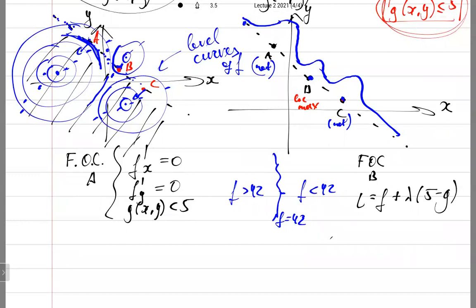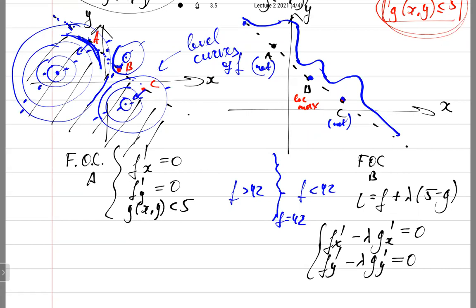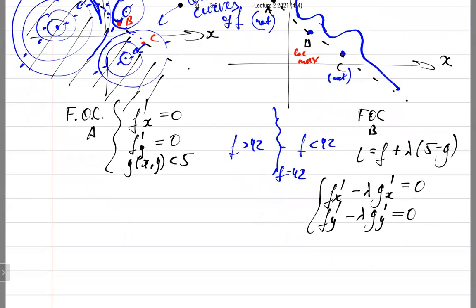And I will have f prime with respect to x minus lambda g prime with respect to x equal to 0. Next, I have f prime with respect to y minus lambda g prime with respect to y equal to 0. And I have g of x, y equal to 5. Everything is okay?